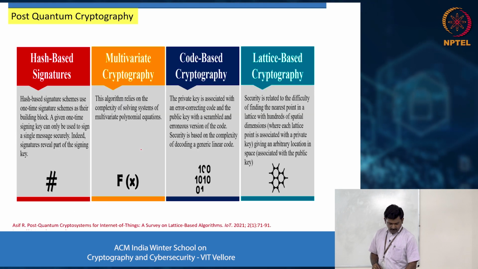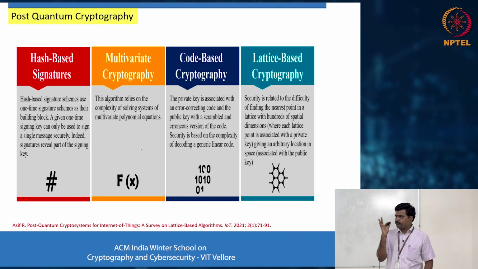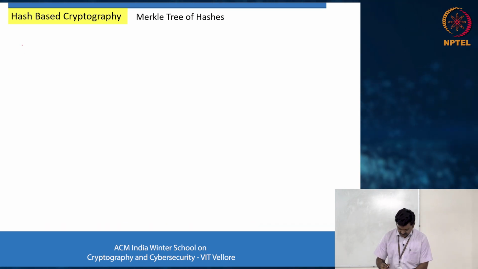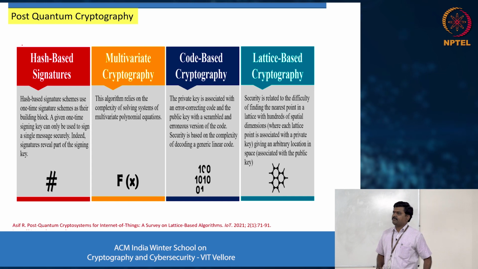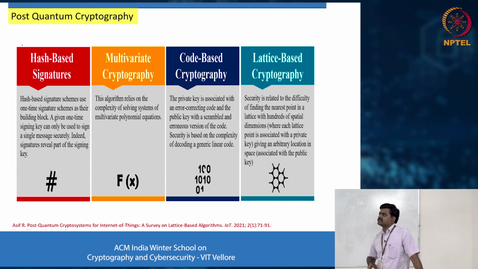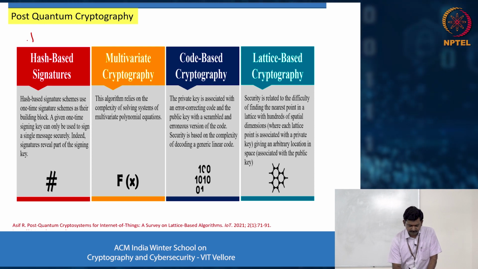Is that fine? If you are really interested in post-quantum cryptography, there are 4 branches. One is called hash-based signatures. By the way, have we discussed hashes? Today we discussed hashes. So hash-based signatures are one of the branches of post-quantum cryptography.